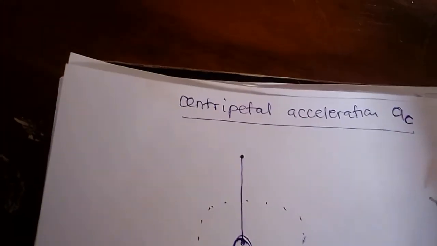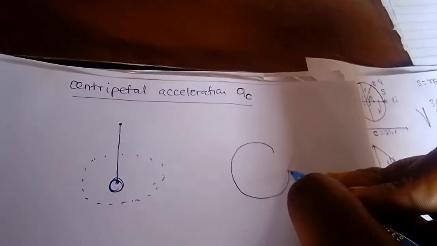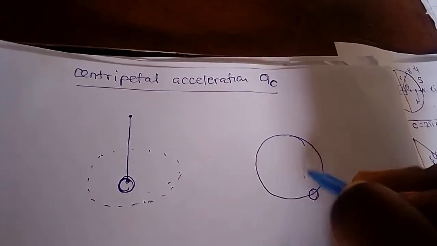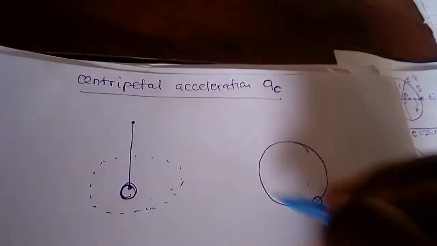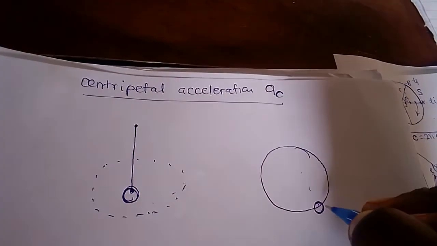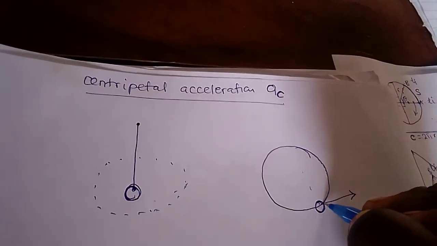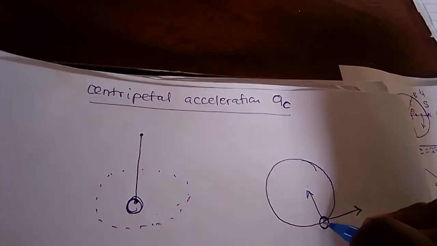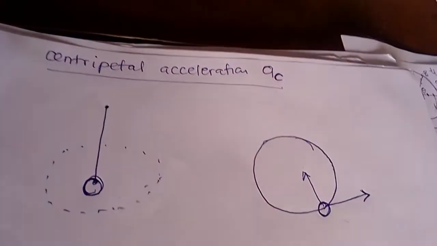So we have a ball here, and then you've got the string, of course. This ball is going to keep moving in a circular path, but this ball can choose to go in this direction, it can also go in this direction, but it keeps moving in this circular path.